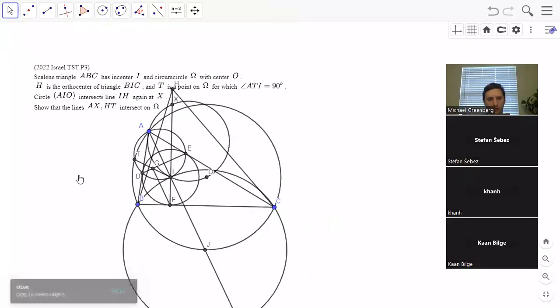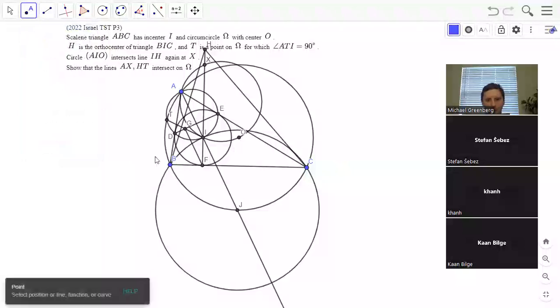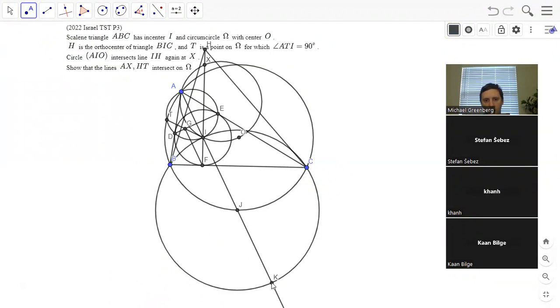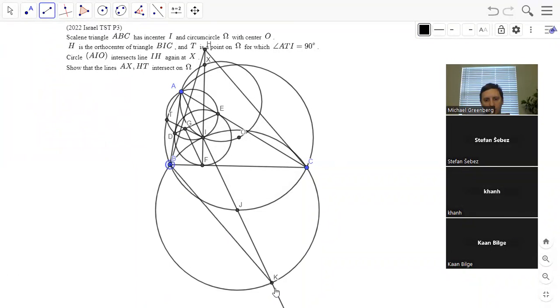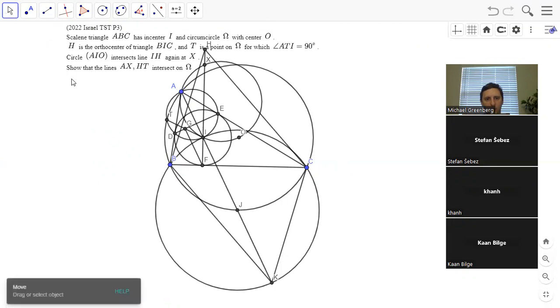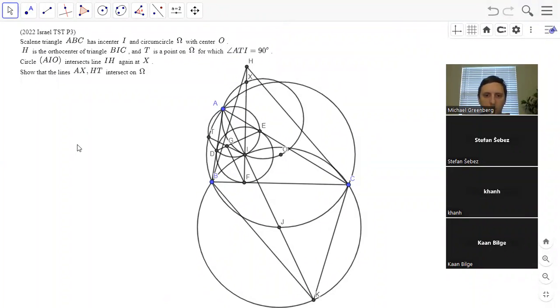Let me shrink things a little bit. Then I think this is a parallelogram. Yeah, that was it. And is that easy to prove? Should just be an angle chase, I think.